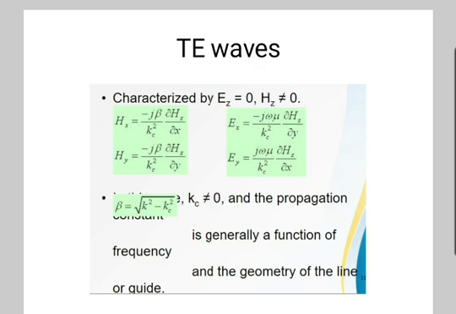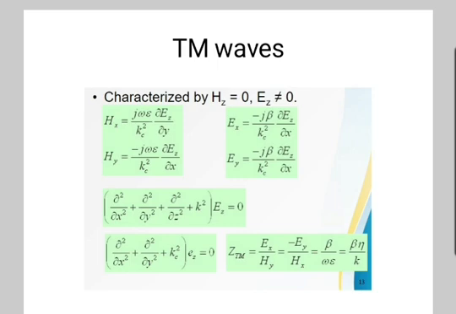The equation for beta is given for k_c not equal to 0, and the propagation constant is generally a function of the frequency and geometry of the line or guide. For TM waves also the H_x, H_y, E_x, E_y equations are given.